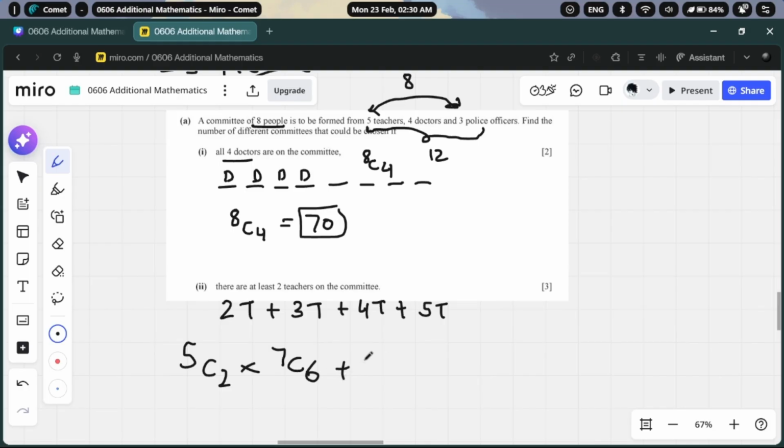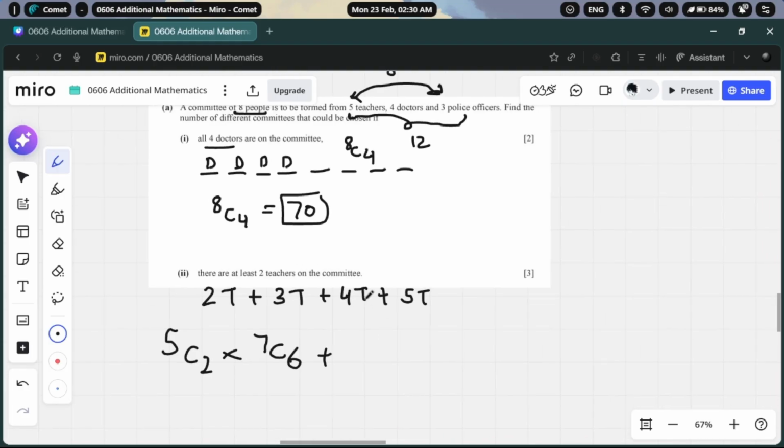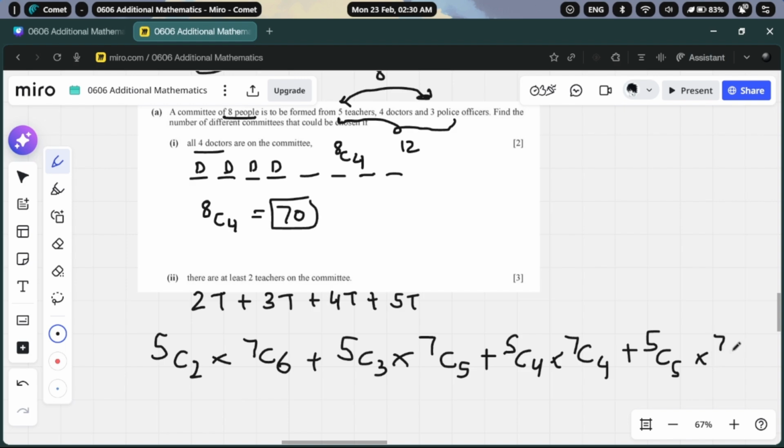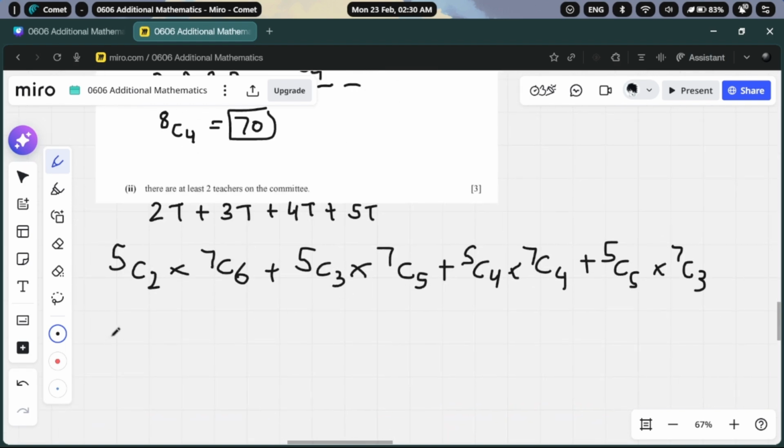Now I'll just show the working for all the cases first, and then we just calculate it at the end. Then when you choose 3, that would be 4C3 times 7C5 plus 5C4 times 7C4 plus 5C5 times 7C3. Now if you add all of this up, you would end up with 490, which is the correct answer.